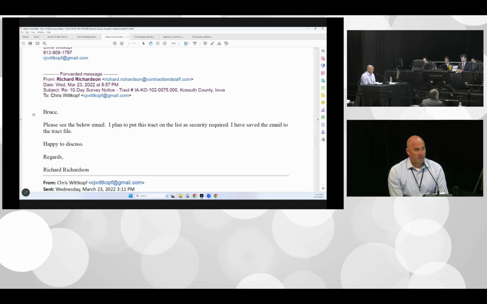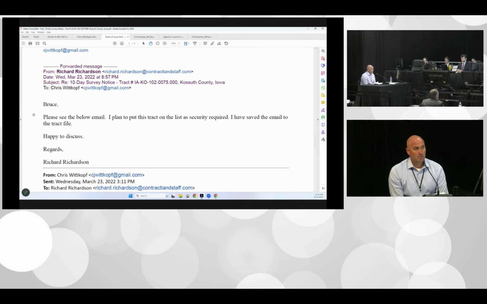And this email appears to be to Bruce. You can see here they put our tract as a tract that was going to require security in the event of a survey. I'm not sure why I was blind carbon copied. I suspect it was an intimidation tactic.